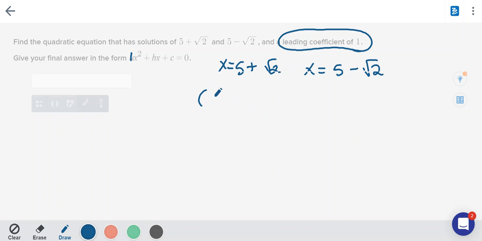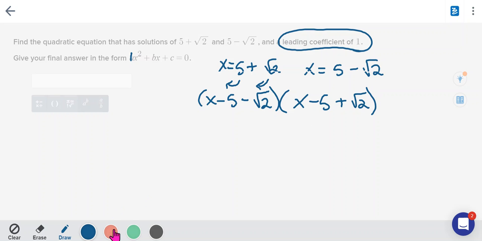I'm going to take these two zeros and turn them into my factors. Notice that I just subtracted both of these to the other side. And my preferred method of multiplying is the FOIL.